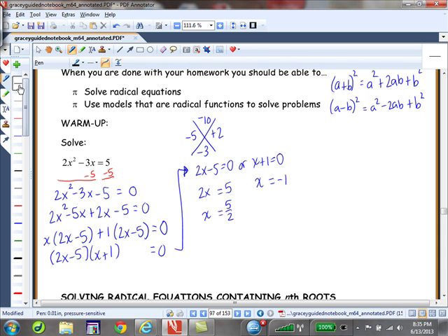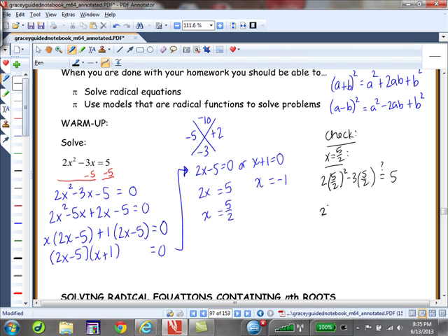And then if we go to check our results, we will have x equal to 5 halves. So in the original equation, we would have 2 times 5 halves, the quantity squared, minus 3 times 5 halves. Is that equal to 5?